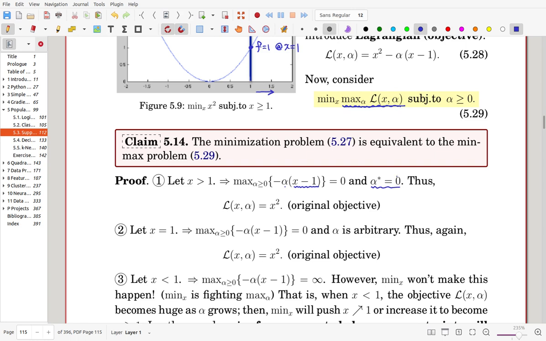So the maximum value, the optimal value alpha star must be 0, so that eventually this Lagrangian becomes the original objective.